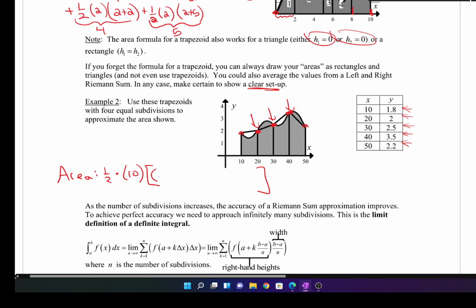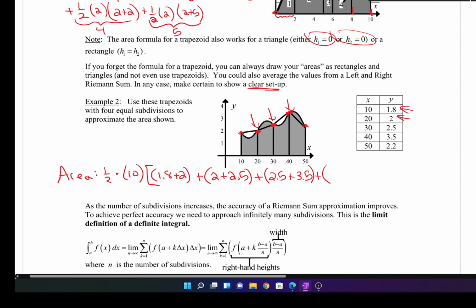And so I'm saying that I have my 1.8. That's this guy and this guy. Well, the 1.8 plus 2. And then I have the 2 plus the 2.5, and then I have the 2.5 plus the 3.5, and then I have, oops, plus sign.